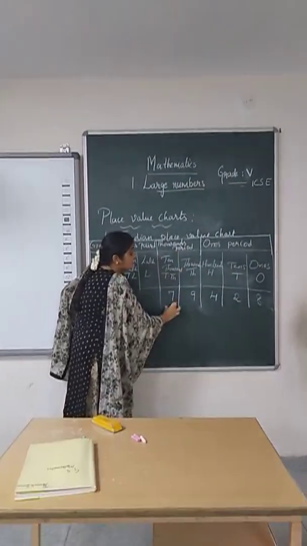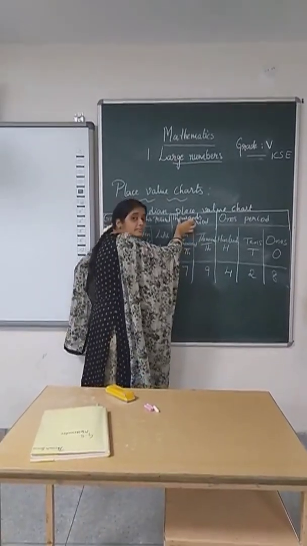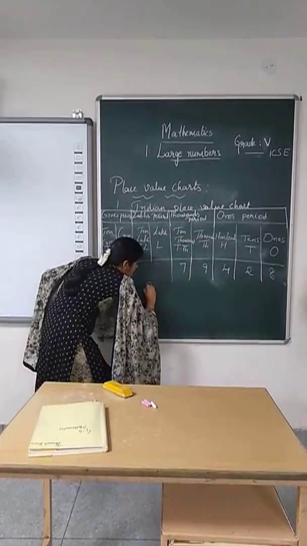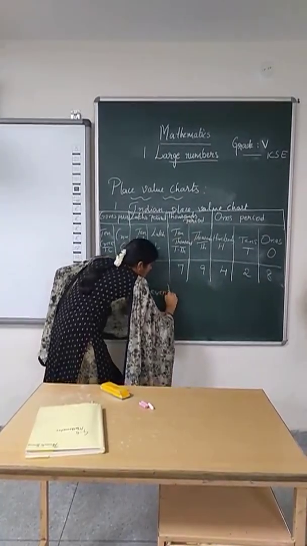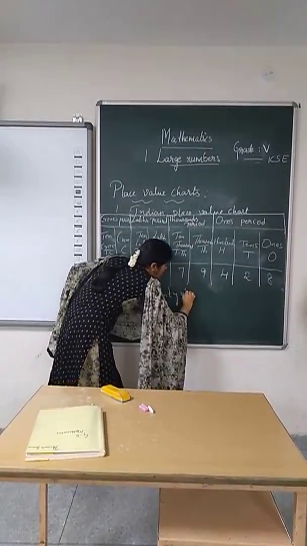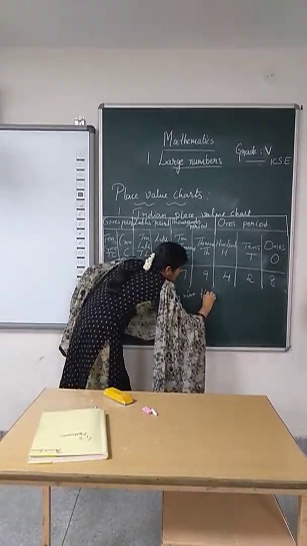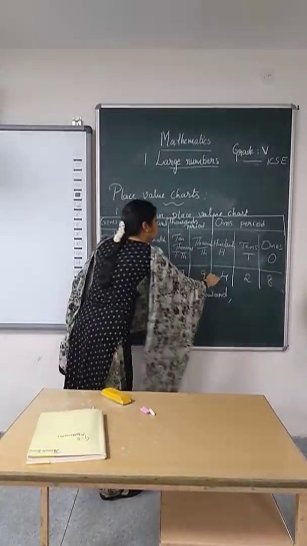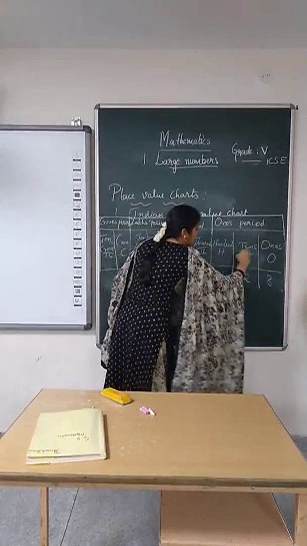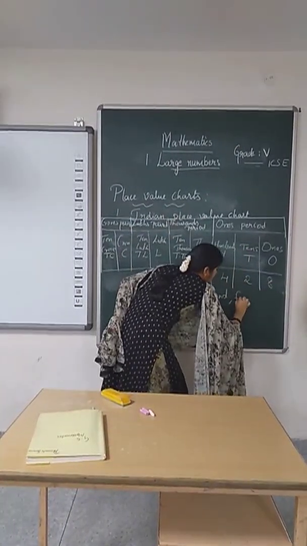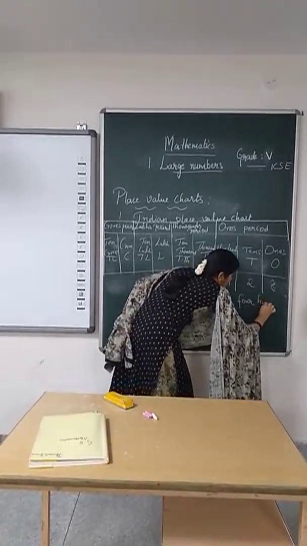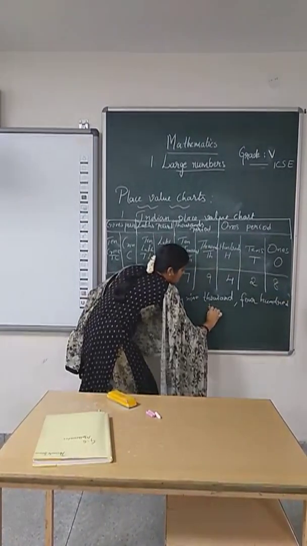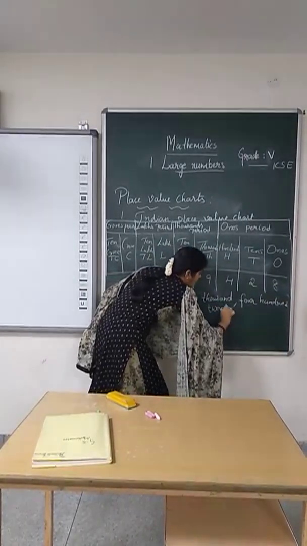So here 79 and tell the name of the period. So 79,000, place a comma, 428.